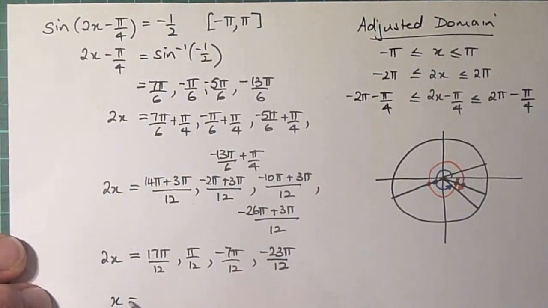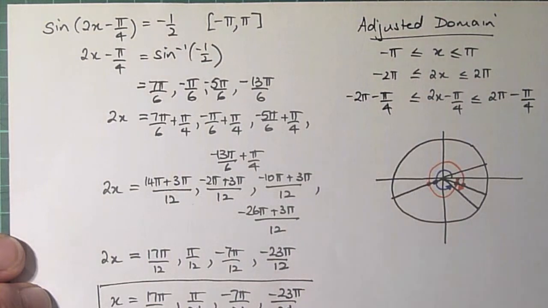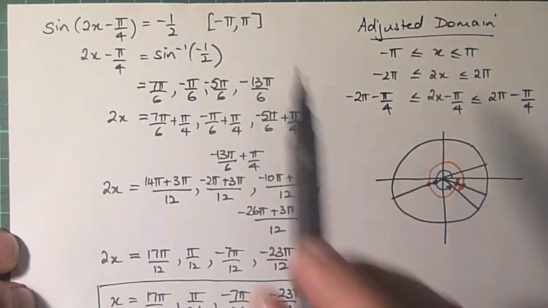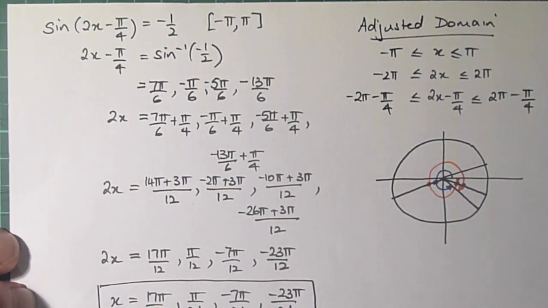Now all we need to do is divide both sides by 2, and then we have it. We have the solutions to the equation sine of (2x minus pi on 4) equals negative a half within the domain minus pi and pi.